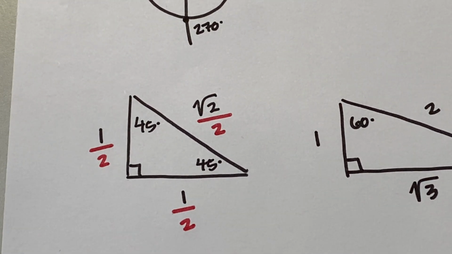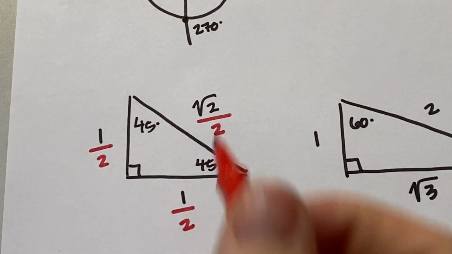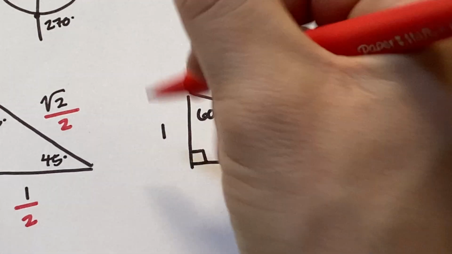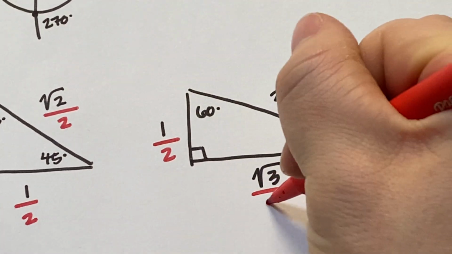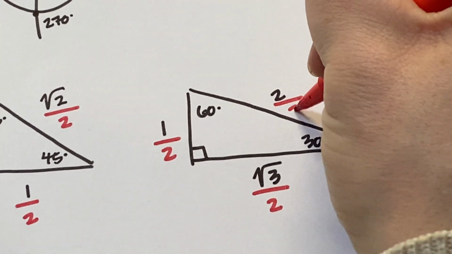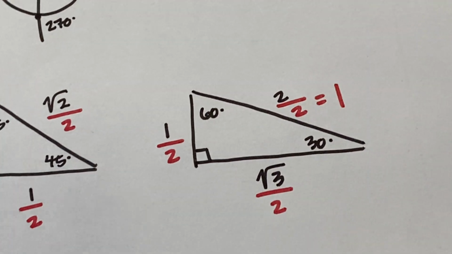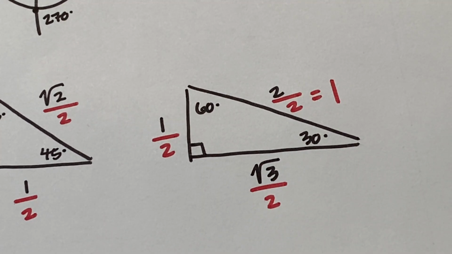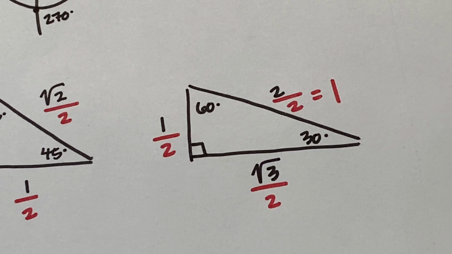Because in a unit circle, it's only 1 unit, which means we now have to divide all these guys by 2, or divide them in half. So divide by 2, divide by 2, divide by 2, which just turns into 1, because 2 divided by 2 is just 1. And that's a big curveball. But just have this on the back of your notes. I can reference that.